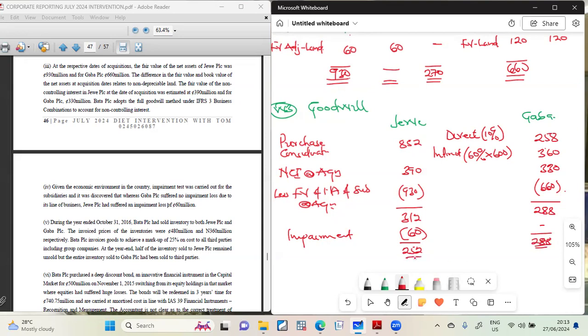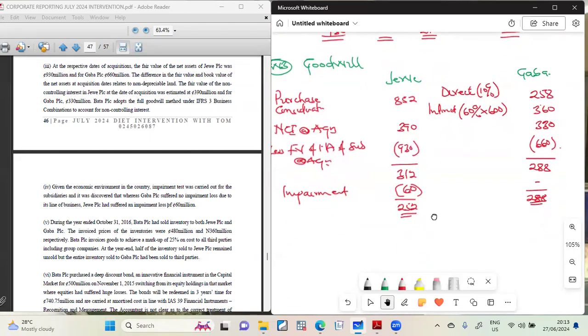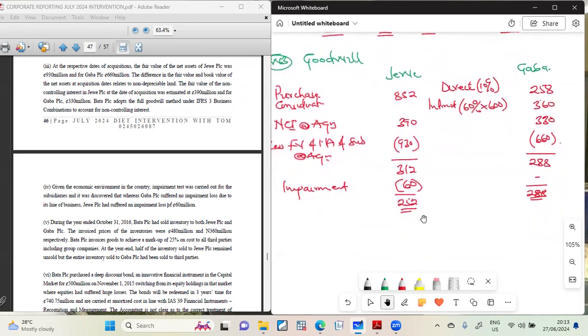If in case the impairment were not given, how do you determine? So if it is not given, why will you be looking for it? If the question says no impairment, there is no impairment. You can't force yourself to bring in impairment when the question says there is no impairment. Sometimes he can give you the recoverable amount. Then you bring in IAS 38 because this is goodwill at acquisition.